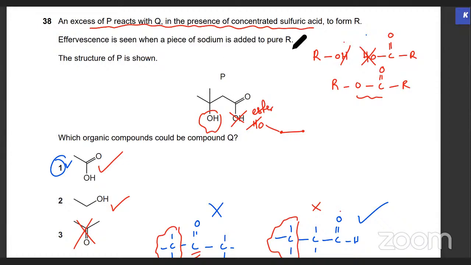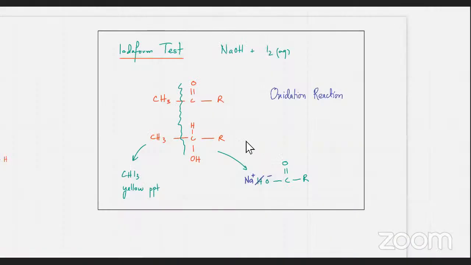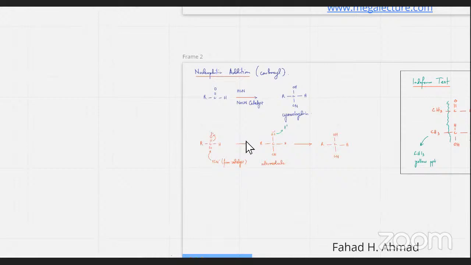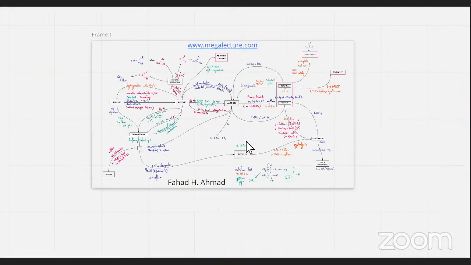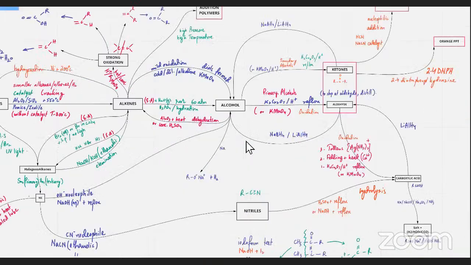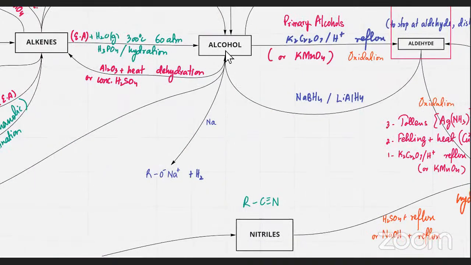Effervescence is seen when sodium is added. So remember, alcohols also produce effervescence with sodium metal. Alcohols tend to react. If I look at this chart over here, alcohols do react with sodium metal and they do produce hydrogen gas when the reaction happens.